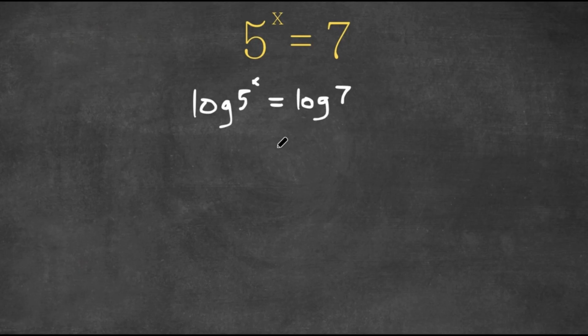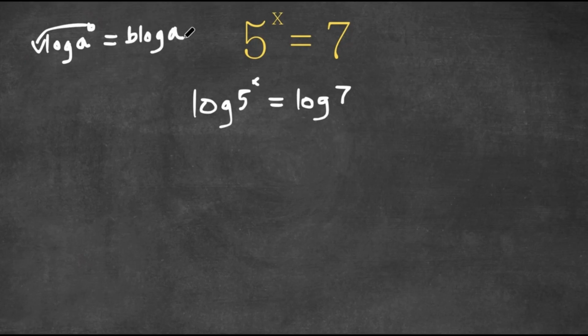So now an important property of logarithms is, let's say we have log a to the power of b. The power property of logarithms states that we can actually move this exponent b into the front of the log, meaning this would equal b log a.